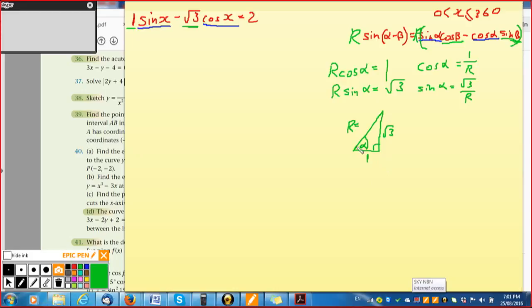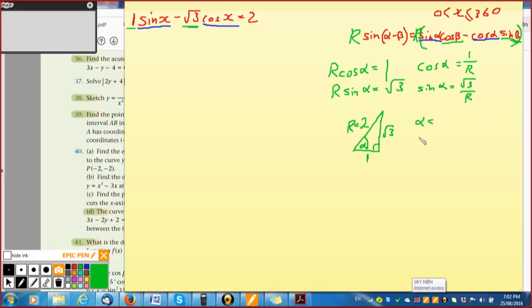Now, what would the hypotenuse be for this triangle? Which is 2. Yep. What else do we know about, in particular, alpha?